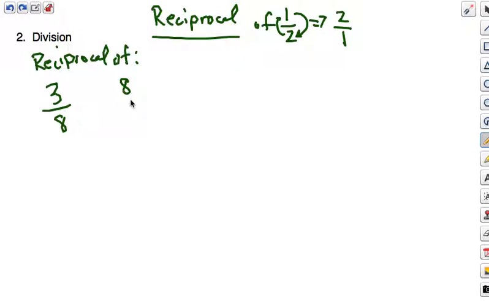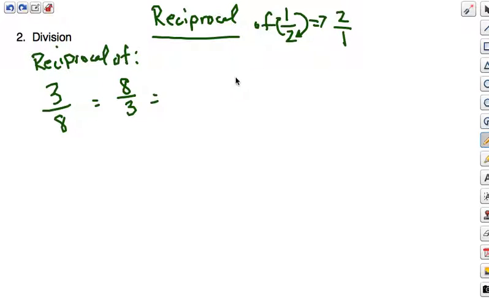So we have 8/3. When you multiply, you'll see that your product is 24 over 24, which is 1. I just want to point out that that is what happens with the reciprocal. You're basically flipping the numerator and denominator.